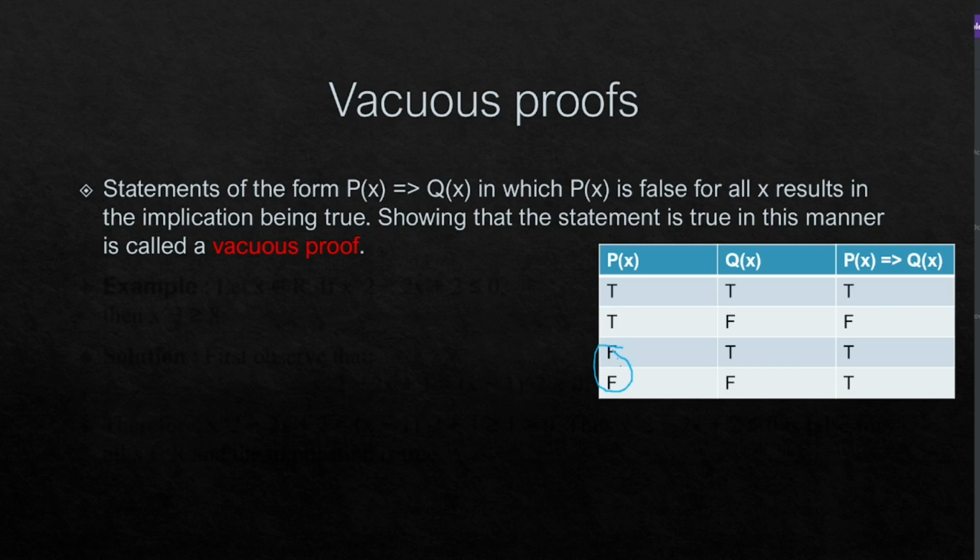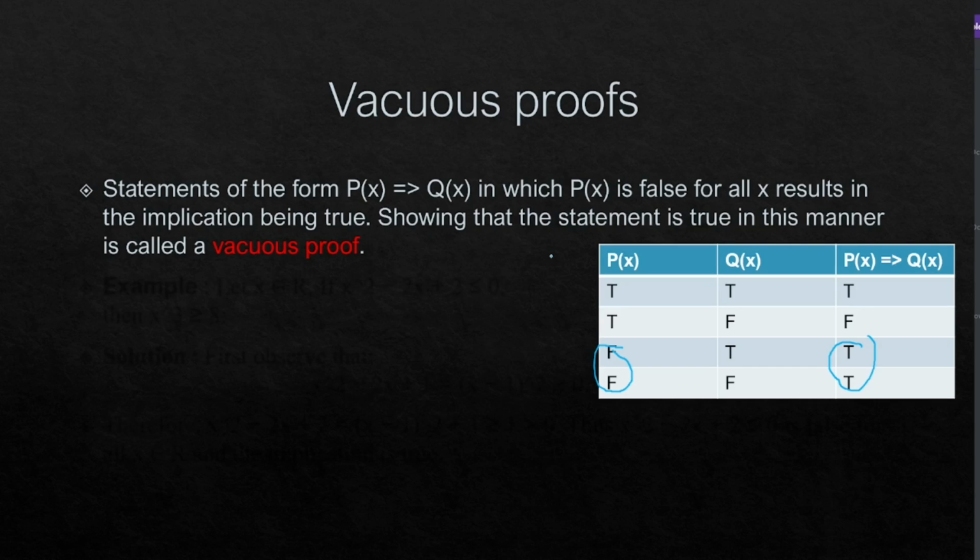P of X is always false, right? Both cases of P of X being false result in the implication itself being true. And if we can show that P of X is always false for all X, then we have demonstrated that the implication is true, and we have done so via vacuous proof.